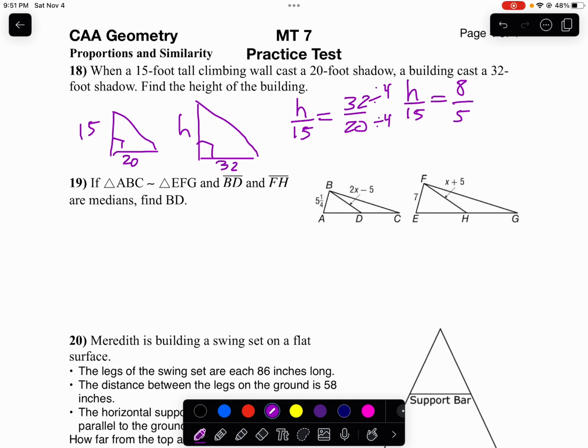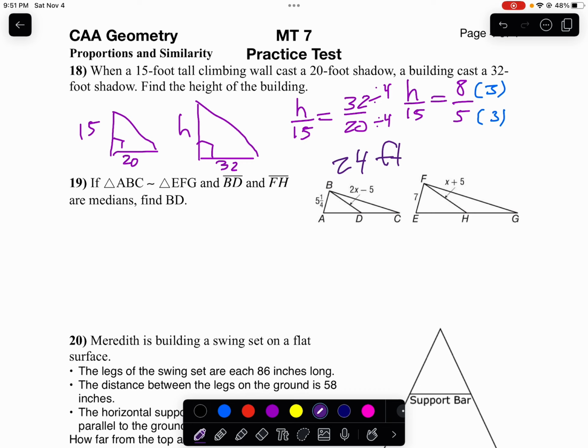Now I could clear my fractions here, but I notice I got equivalent fractions. 5 times 3 is 15. So if you take 8 times 3, we get 24. And since there are units on this one, the correct answer is 24 feet for the height of the building.